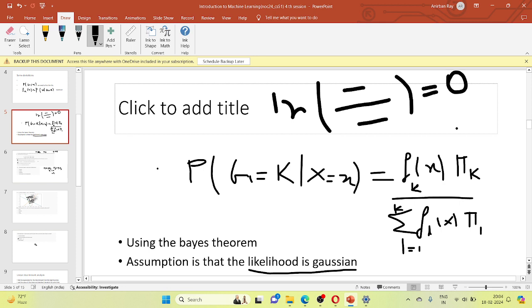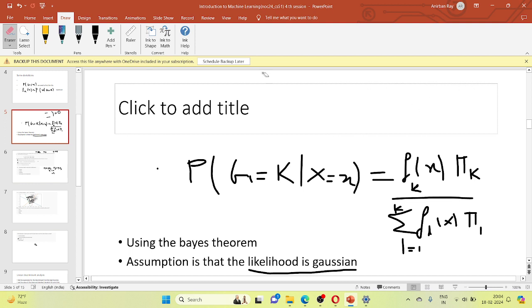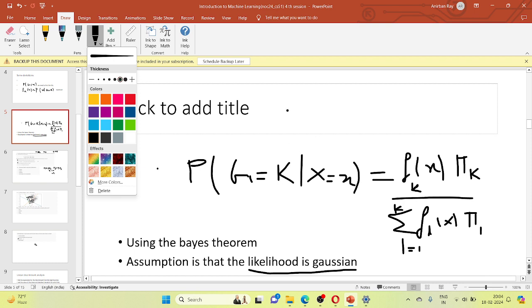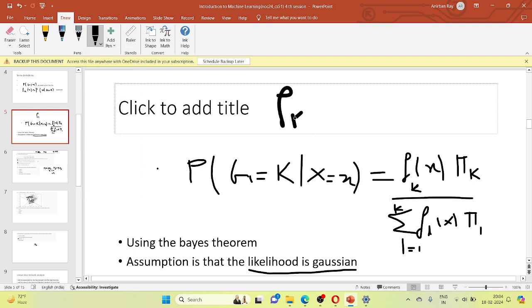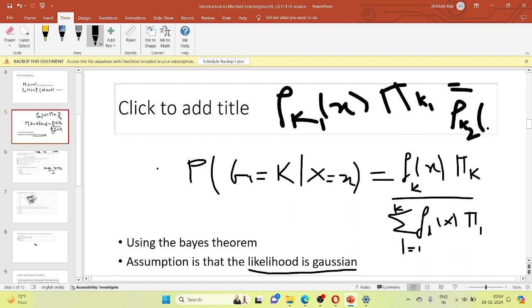Yes, it has to be the same. Taking the antilog on both sides, what we get is f_k1(x) pi_k1 equal to f_k2(x) pi_k2.